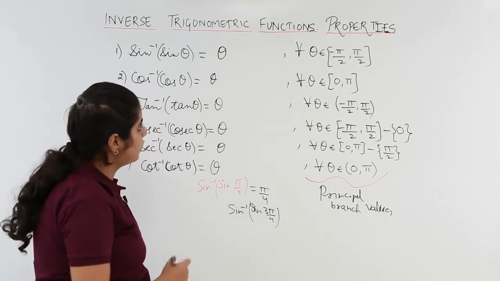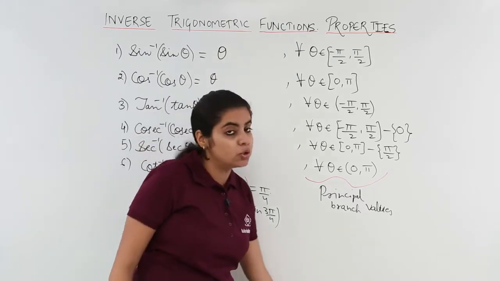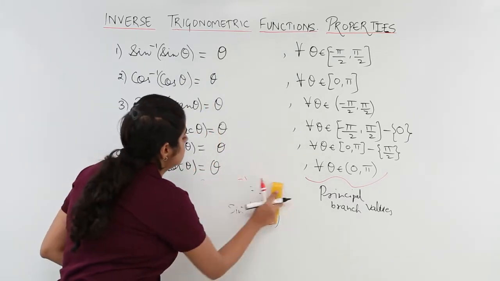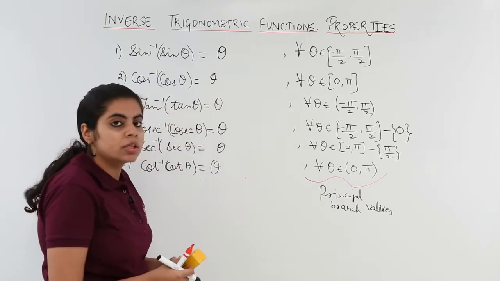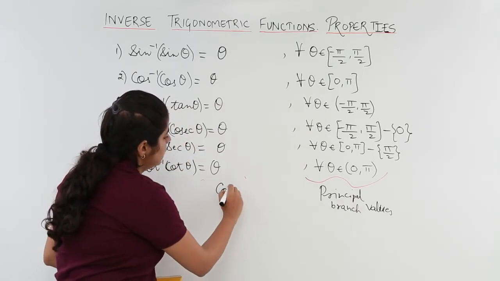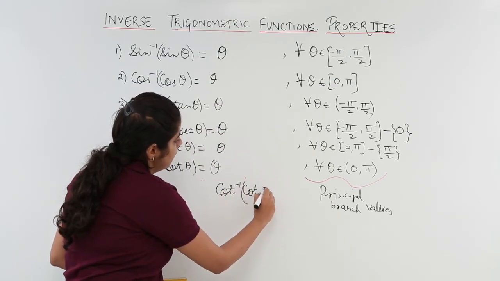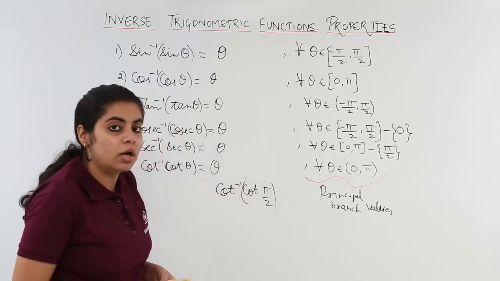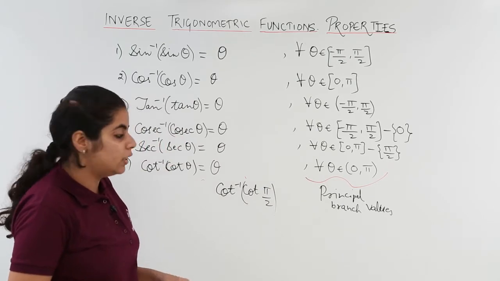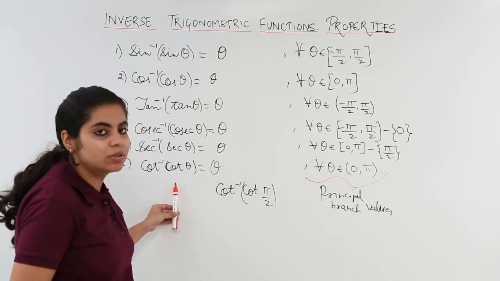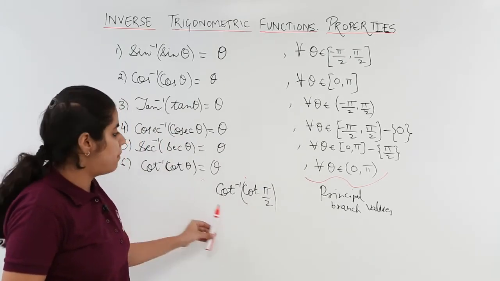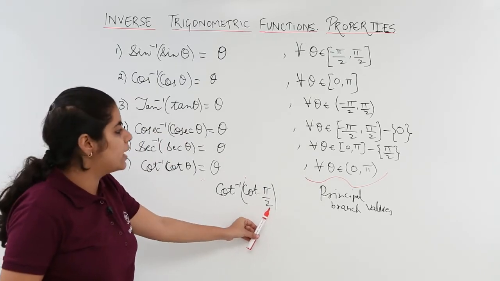One more example: suppose my question this time is not related to sine inverse, rather it is a different question. The question is cot inverse cot pi by 2. Now cot inverse cot pi by 2 means we are talking about the 6th case here. Pi by 2 is the angle. Where is pi by 2?